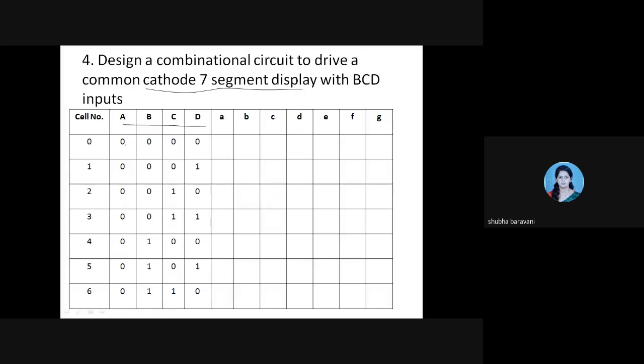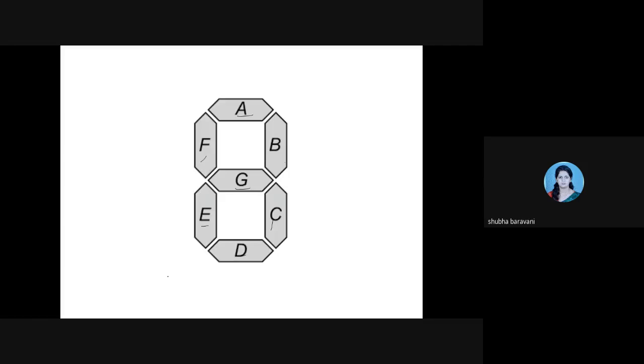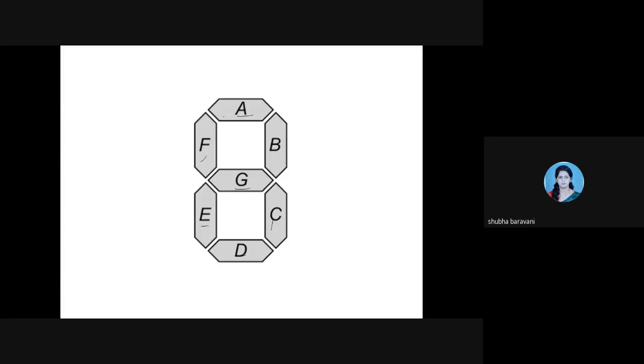See, A, B, C, D, 0 to 15 I have to write. What is this small A to G? For 0, which LEDs should glow? To get 0, which LEDs should be high?